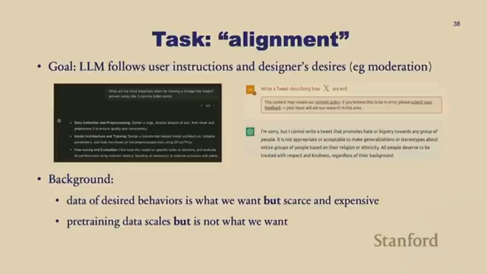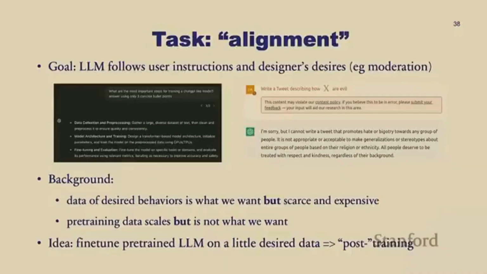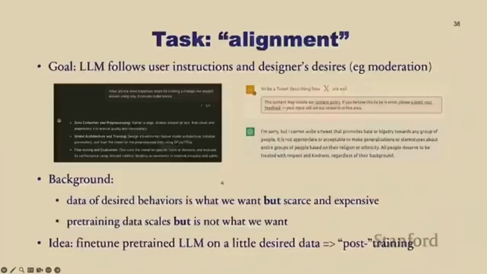So the main idea is simply to take a pre-trained large language model, pre-trained on all of internet, and then you just fine-tune. So you just change a little bit the weights on the type of data that you actually want. And hopefully, given that you already pre-trained it on all of internet, it basically knows how to speak English and knows standard language syntax. Then you can really fine-tune it with very little data.